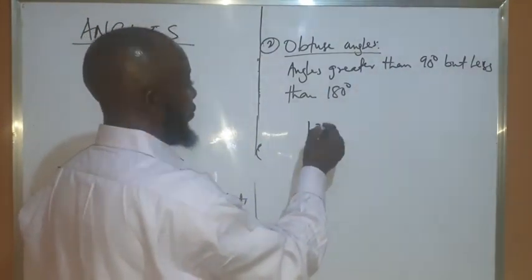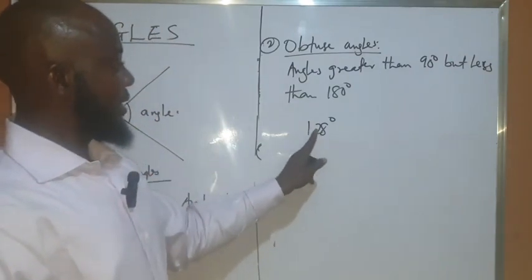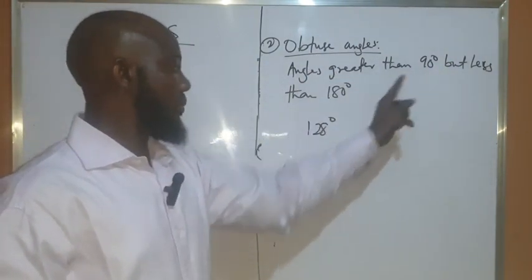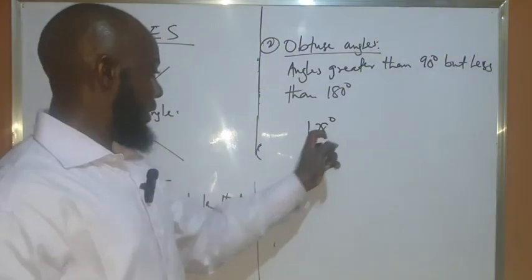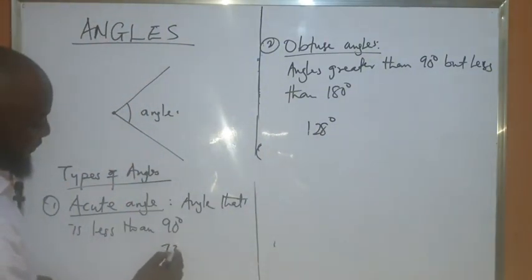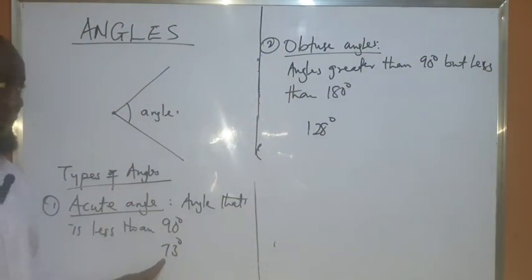For example, you have 128 degrees. You can see 128 degrees is more than 90 degrees, but it's less than 180 degrees. If I put 73 degrees here, this is less than 90 degrees, right?